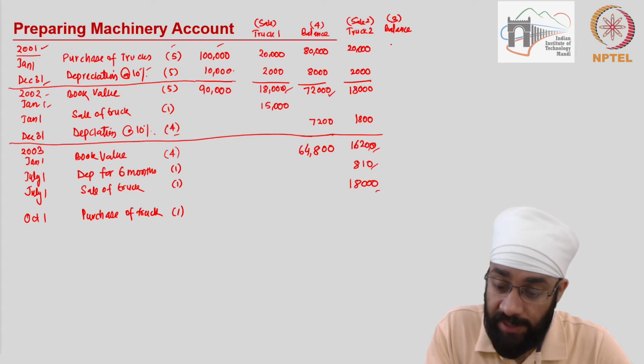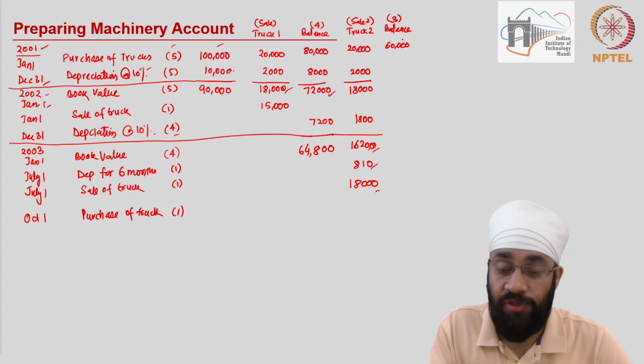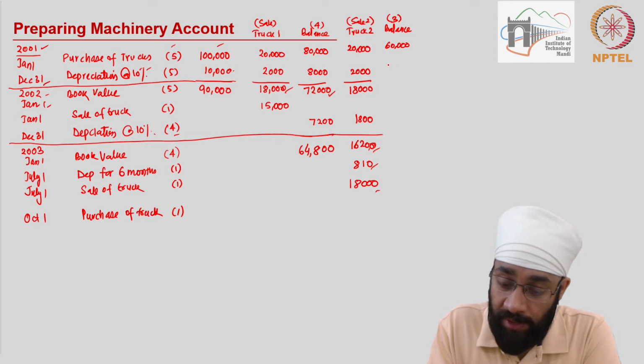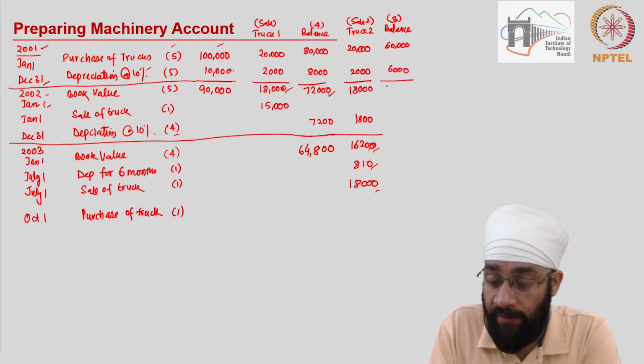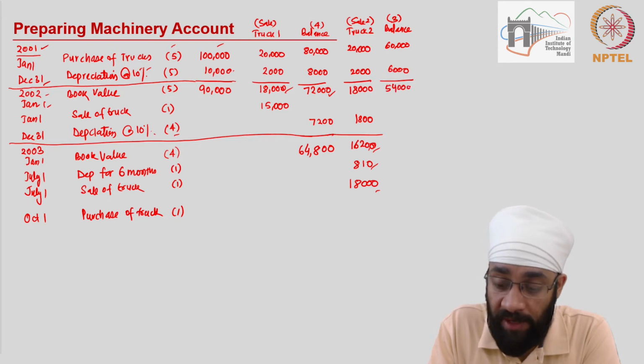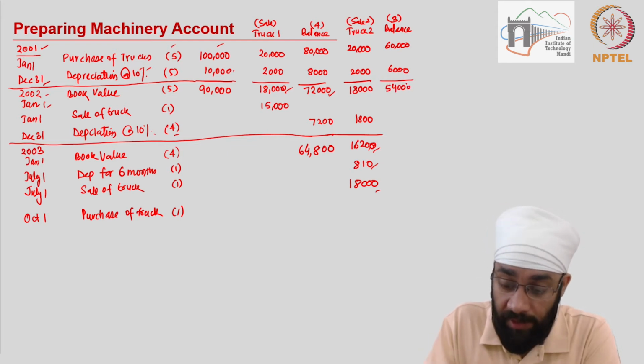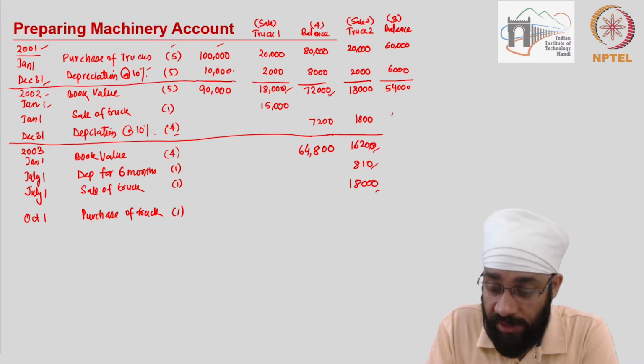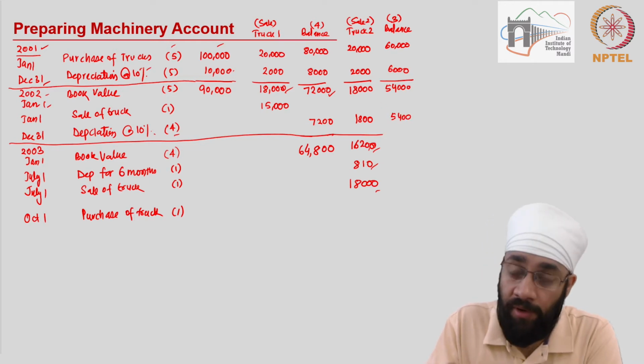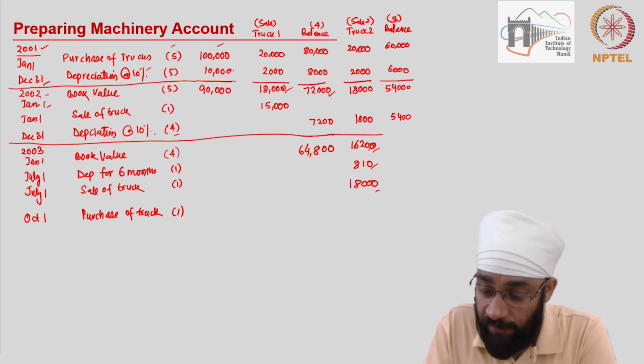So I have 60,000 for which the three trucks must have been bought, and depreciation at 10% means 6,000, and you have 54,000 as the value of these three remaining trucks, and then you charge depreciation at 5,400 on these trucks, which gives you a book value of now 48,600.